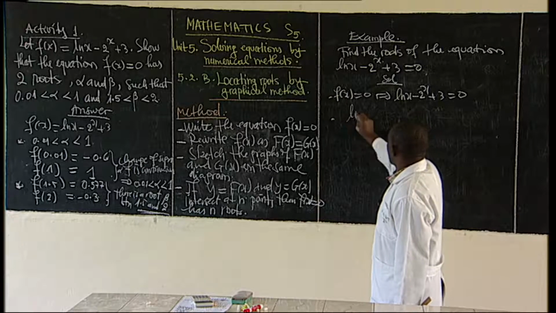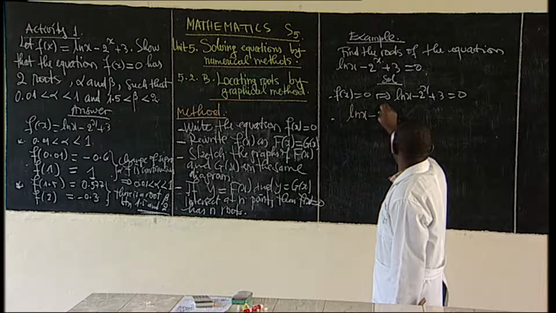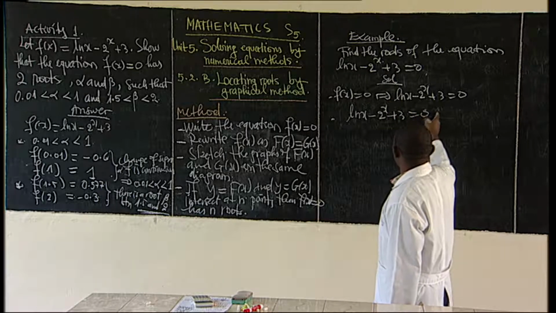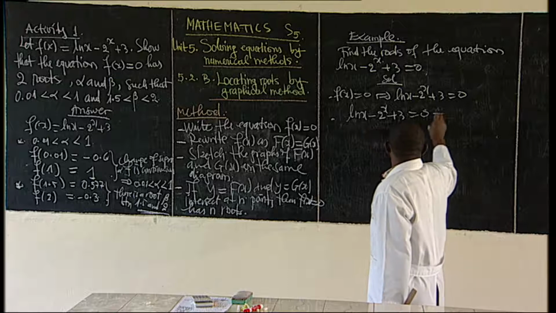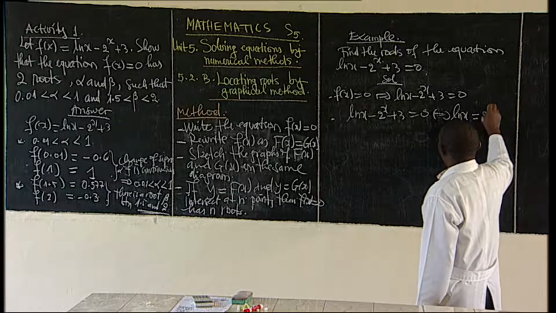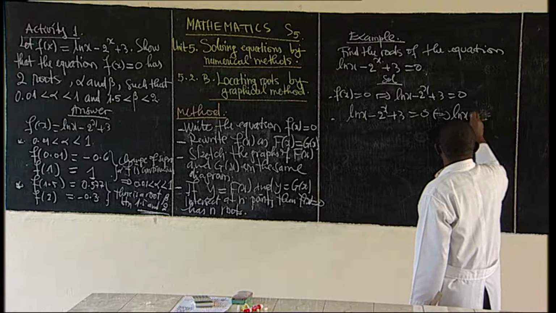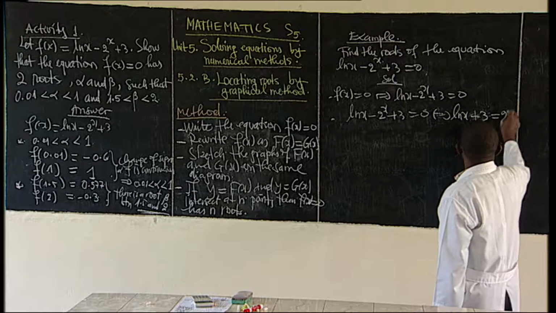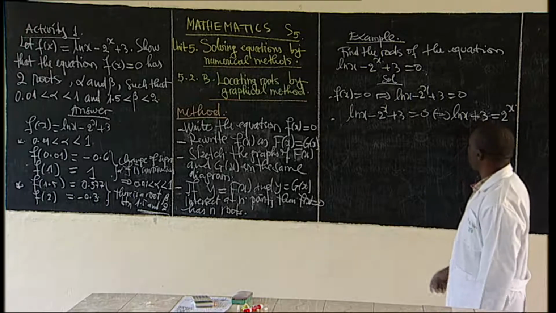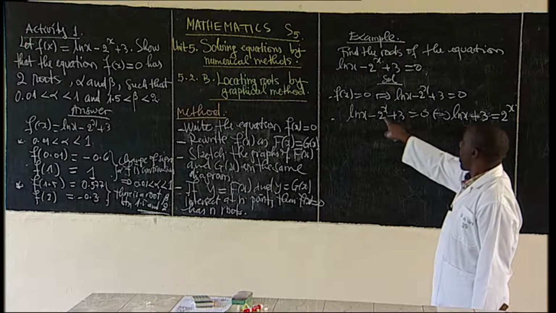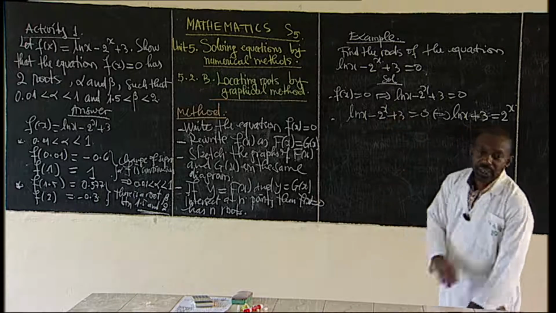I can have ln of x minus 2 power x plus 3 equals 0. Moving this to the right-hand side, this can be written as ln of x plus 3 equals 2 power x. But also I can take 3 minus 2 power x equals ln of x.